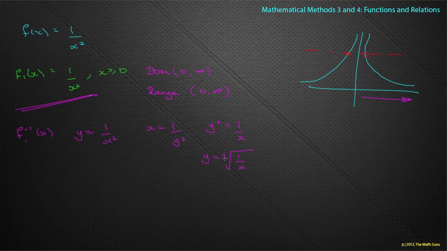Okay, that seems fairly interesting, which is equal to plus or minus 1 over the root of x. So what would that now mean that my domain and range would be? If you remember, the domain of this inverse function is equal to the range of the normal, so the domain would be between 0 and infinity, and likewise my range would also be between 0 and infinity.